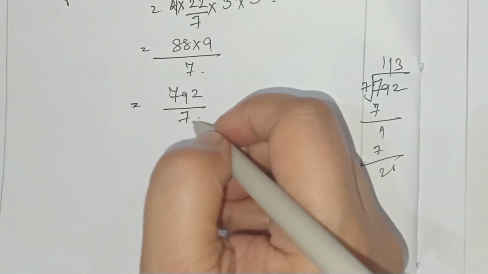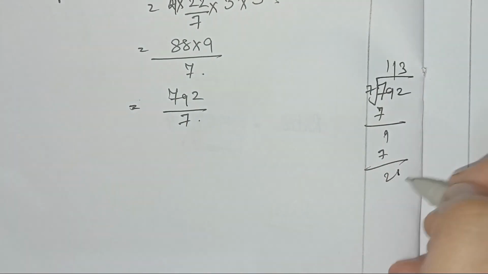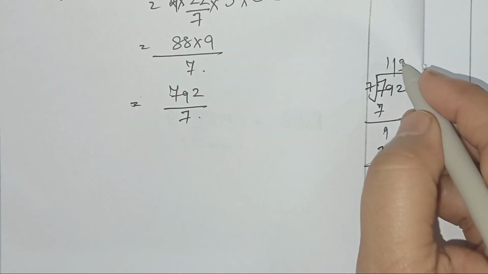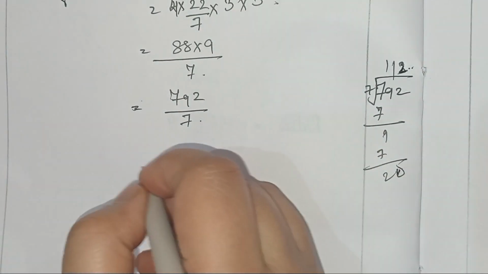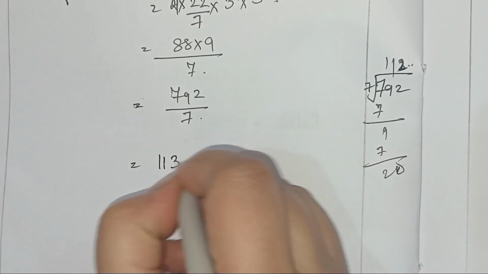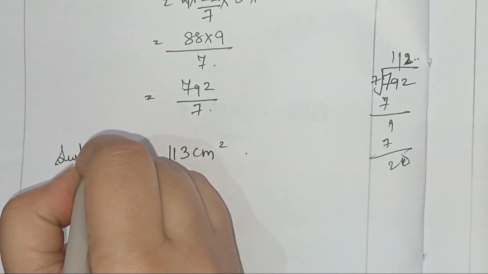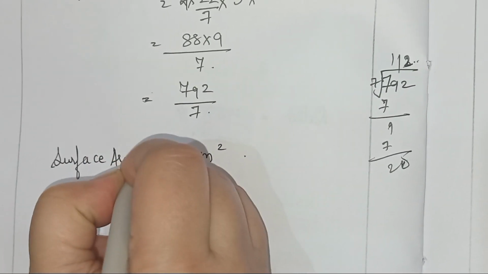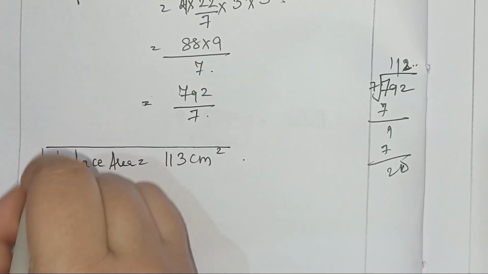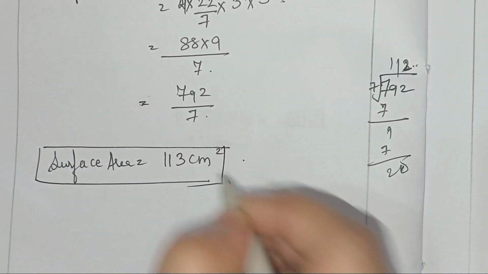So you will get 113.2 something, so the nearest will be 113 centimeter square. This is going to be your surface area. Okay, this is the answer.